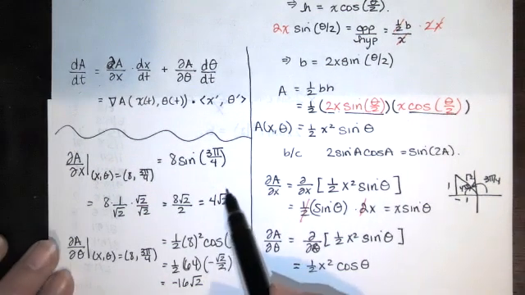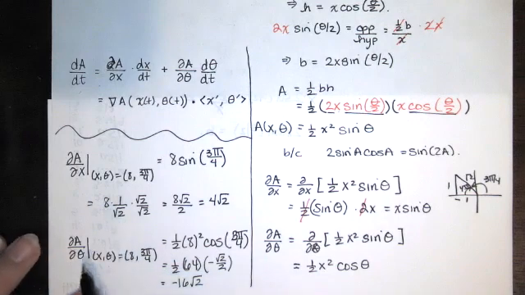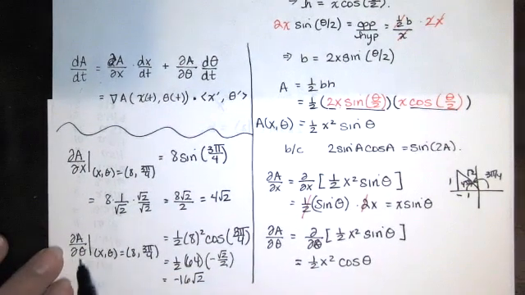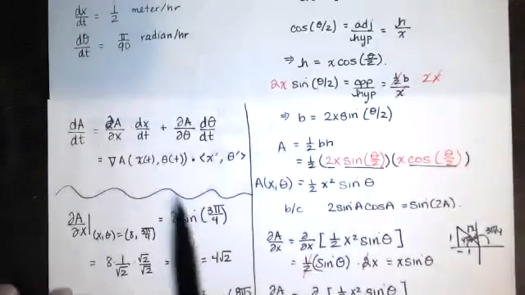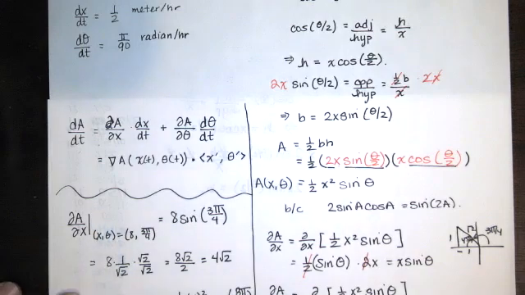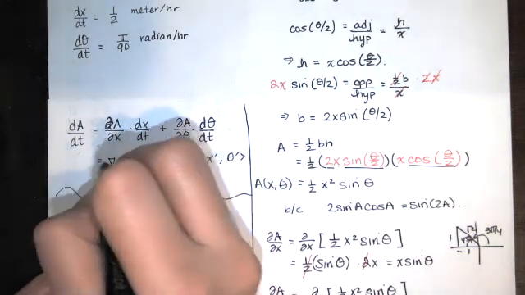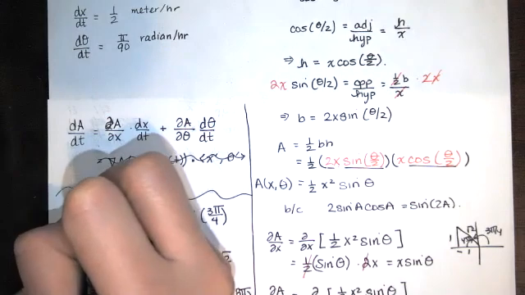Okay, so we know this quantity, partial of a with respect to x at that point. We know this quantity at that particular value of theta and that particular value of x. So we can just substitute those into this formula, and then we'll be done. So I'm not actually using this time.